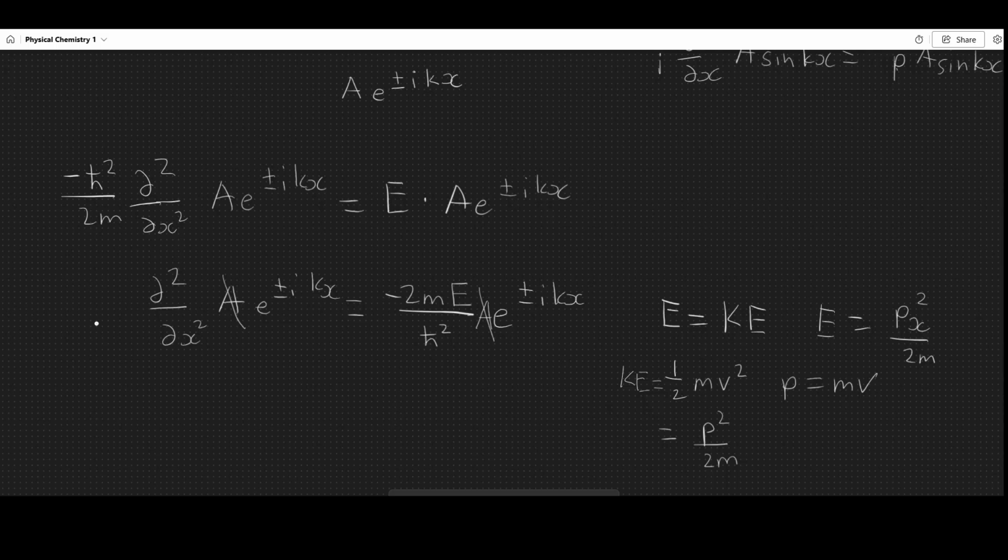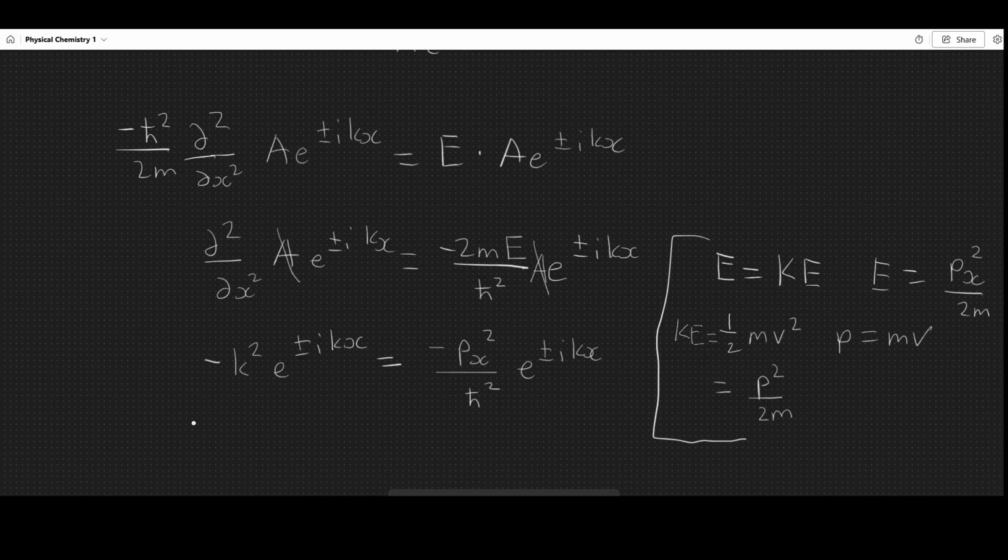And so if we plug that into this equation, and I also take the derivative of this, I'll get a minus k squared e to the plus or minus ikx, and it's equivalent to minus p of x squared over h bar squared times e to the plus or minus ikx. Okay, I'll number this.